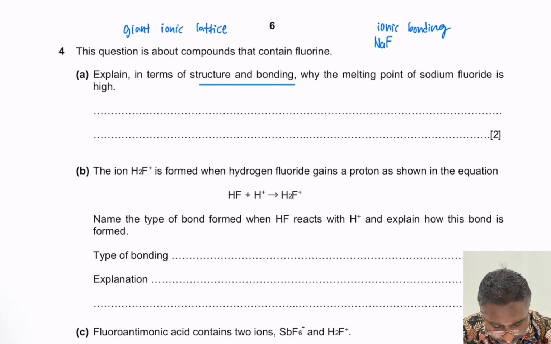So we need to mention that sodium fluoride contains ionic bonding, and they have a giant ionic lattice where the sodium ions and the fluoride ions have many ionic bonds that hold each other so tightly that it requires a very high energy to break them. So that is going to be our answer.